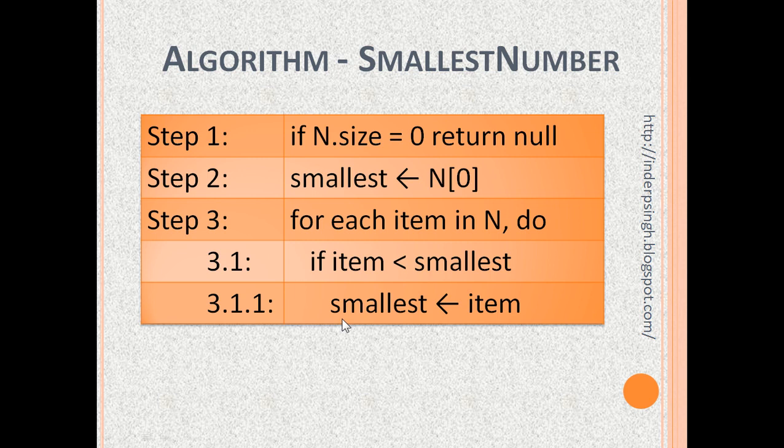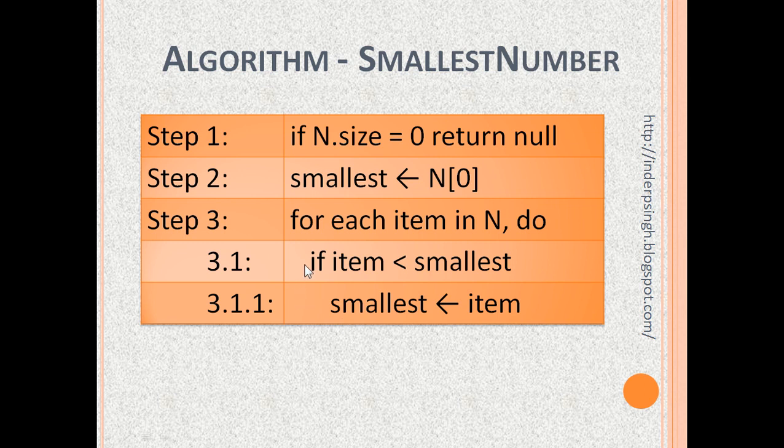This means that if the algorithm comes across an item smaller than the value in the smallest variable, it updates the smallest variable to that item. In other words, this algorithm remembers the smallest item it has seen in the list so far.